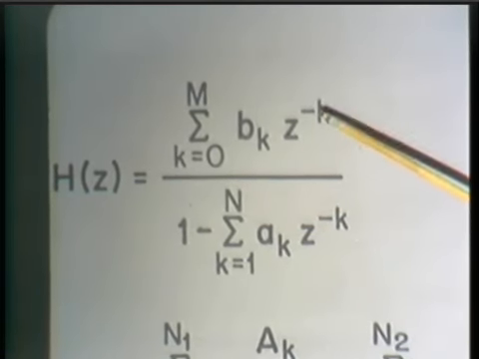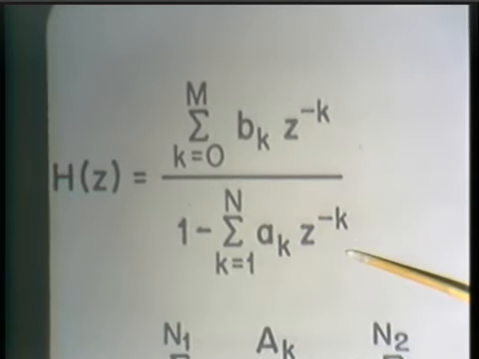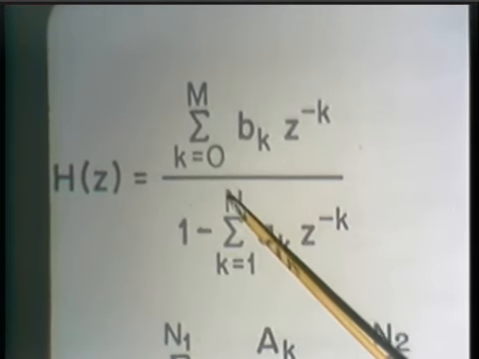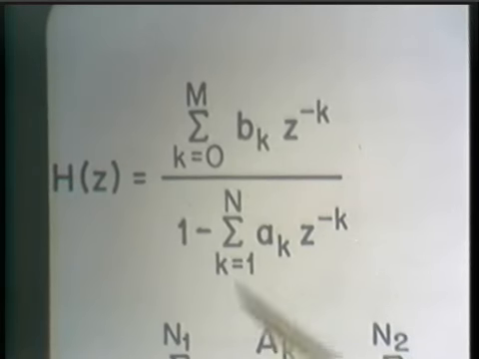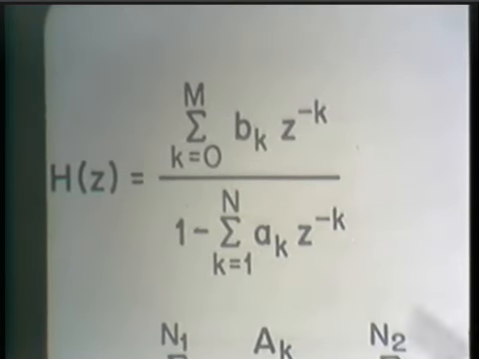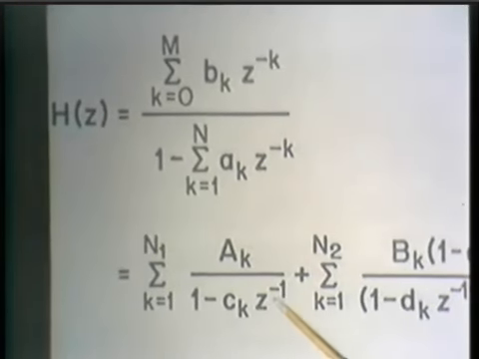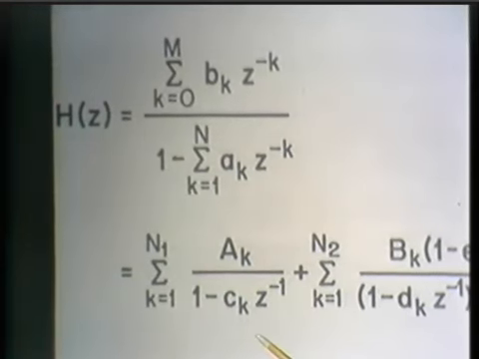That is, we can expand this transfer function in terms of, and let's assume first of all that capital M is less than capital N. If capital M were less than capital N, we can expand this simply as a sum of residues together with first-order poles.